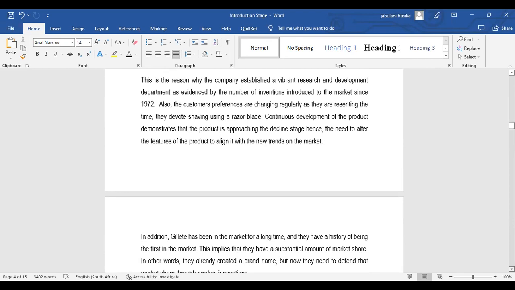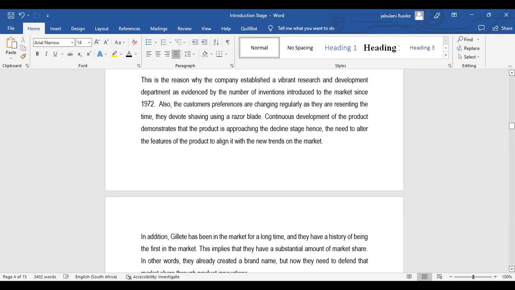Now, in addition, the preferences of customers are changing rapidly, because remember, the customers started to resent those razor blades, saying that they have to devote a lot of time using the what? Using that razor blade. So now, because of technology that is coming up, Gillette was supposed to come up with innovative measures that ensure that if somebody is using their product, the time of using that product is shortened, so that somebody doesn't spend a lot of time shaving using the razor, right?